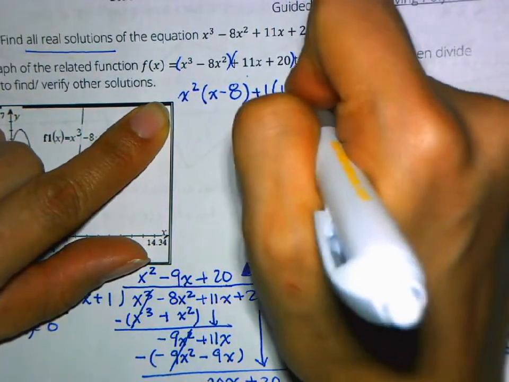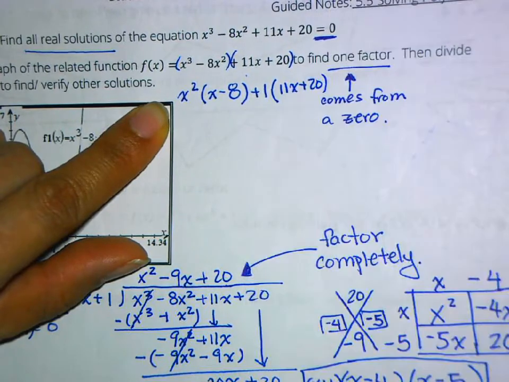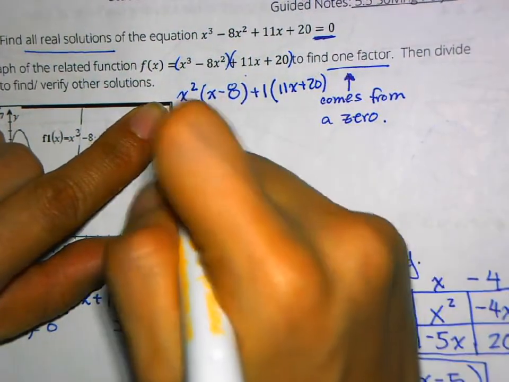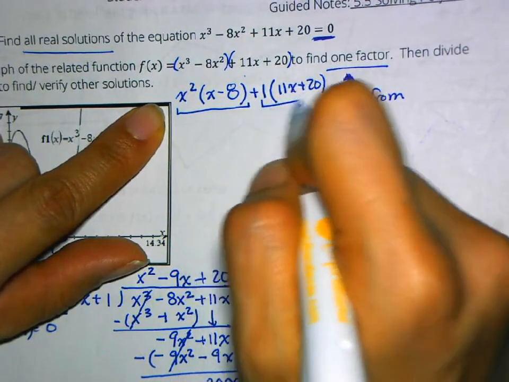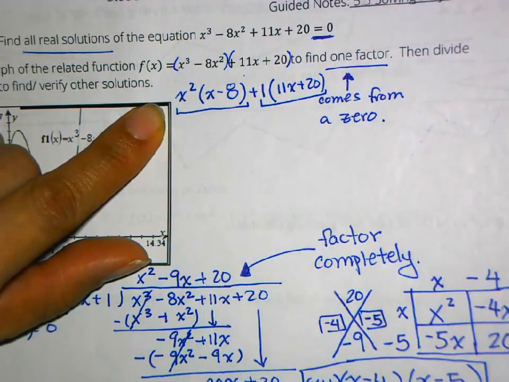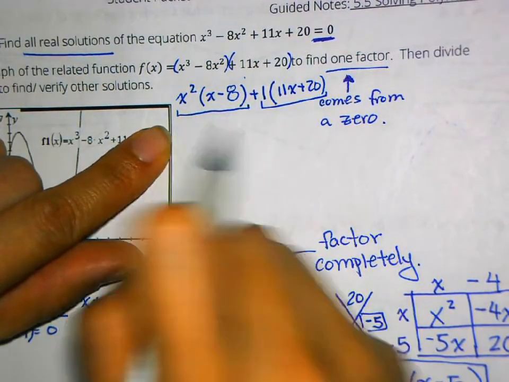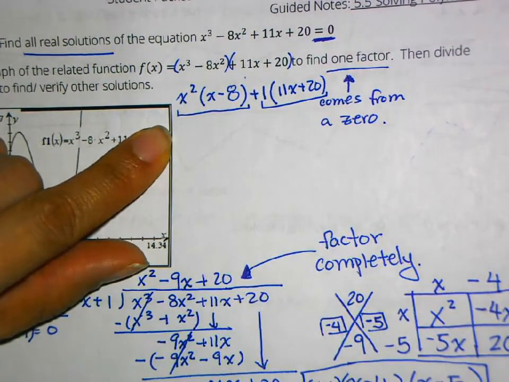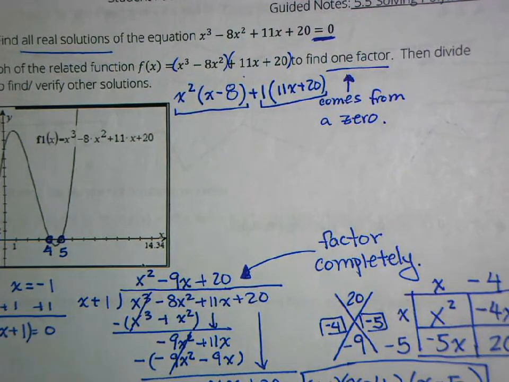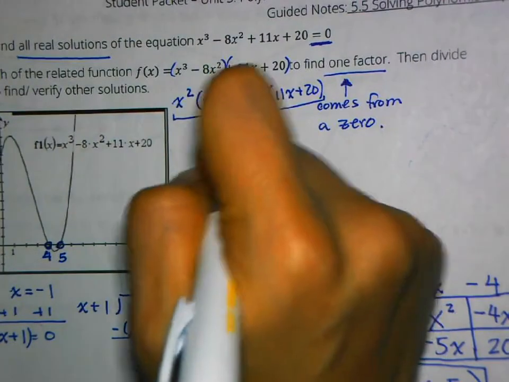And that leaves me with 11x plus 20. And if you take a look at this, there is no common factor in these two terms. That's how I know, because there's no common factor, grouping does not work. And that's one of the reasons why I have to actually graph it and find out what one of the factors is. So let me write this down.